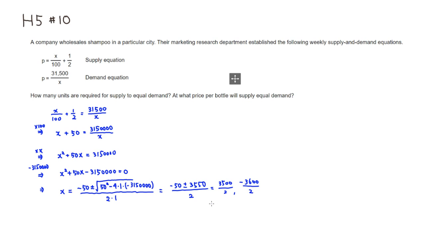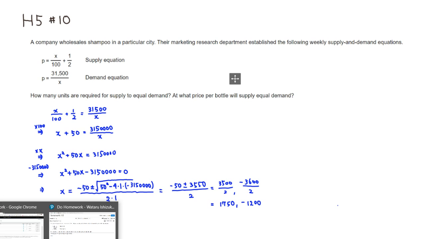So 3500 divided by 2 is 1750, and the other is negative 1800. In this case, x has to be positive, so 1750 should be the right answer.